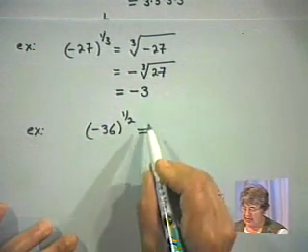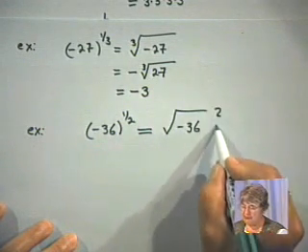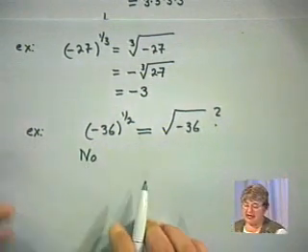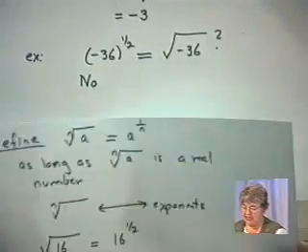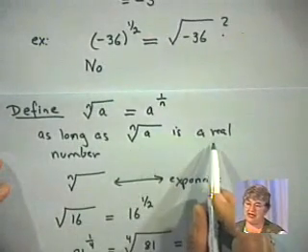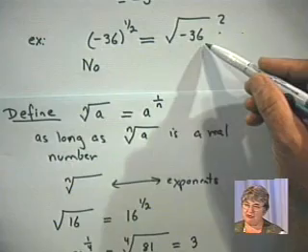Now let's look at something else. What if we have 4 to the 3/2 power? How can we interpret that? It's an exponent, and its denominator is 2, so maybe we can think about this as some form of a square root.